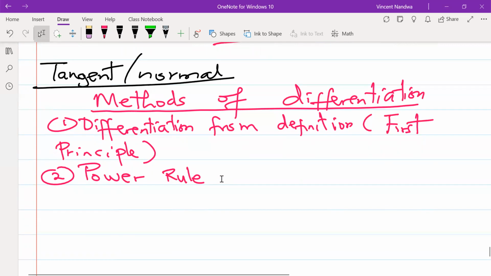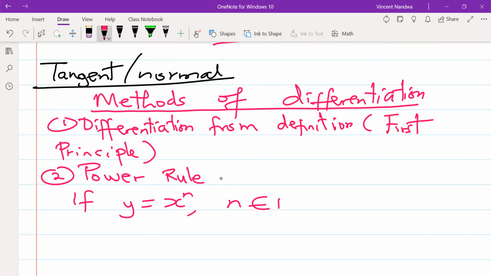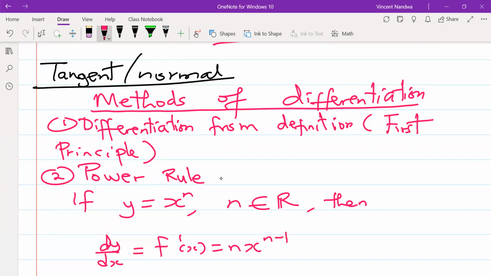And the power rule states that if y is given by x power n, where n is any real number, then dy/dx, which is the same as f prime of x, you drop the power and then subtract 1 from the power.